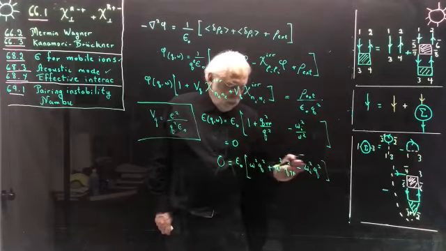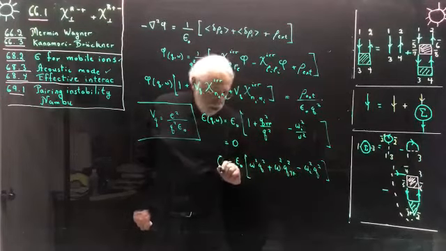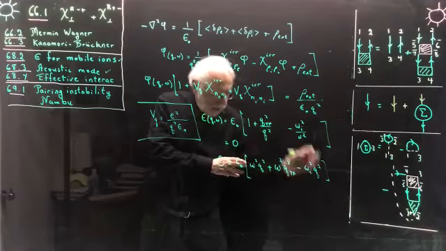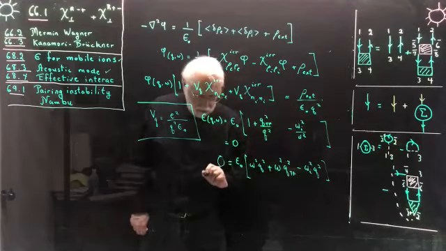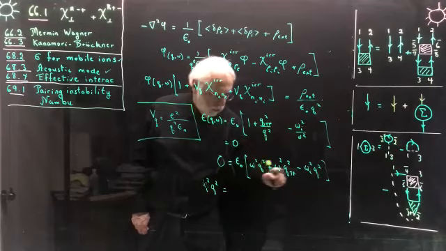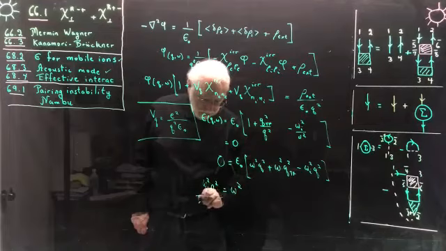And then I look for where this is 0. So if you want this on the left here, I get omega ion squared q squared is equal to this. So that's omega squared times q squared plus q Thomas Fermi squared.